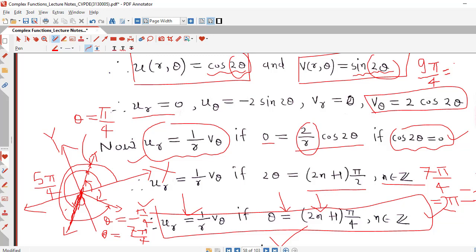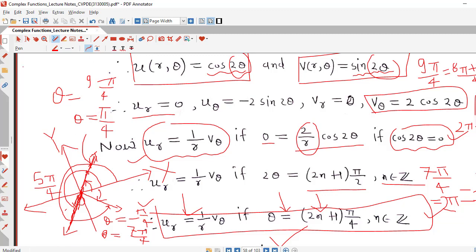This I can write as 8 pi by 4 plus pi by 4, so 9 pi by 4 is nothing but 2 pi plus pi by 4. So that means we are on this ray. Theta equal to pi by 4 or theta equal to 9 pi by 4 are the same thing.